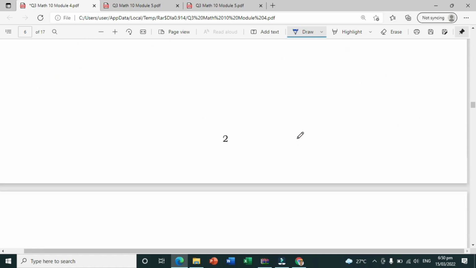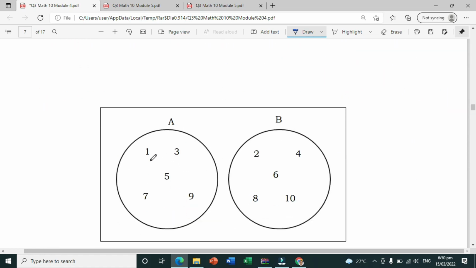Remember this. In the Venn diagram, for our A, don't forget, these are odd. These are all odd numbers from 1 to 10. So, 1, 3, 5, 7, 9. You can place them anywhere there, as long as they are inside the circle of A. Then B is for even.